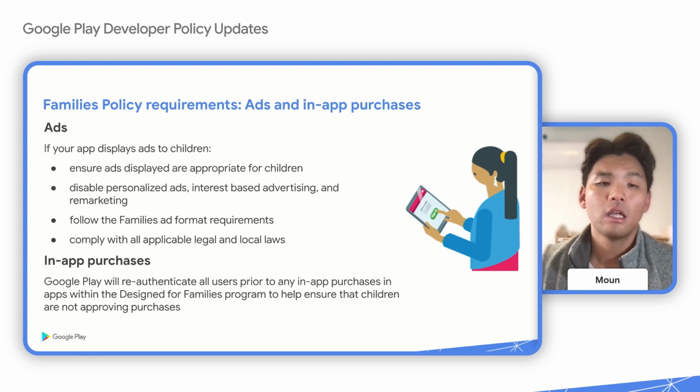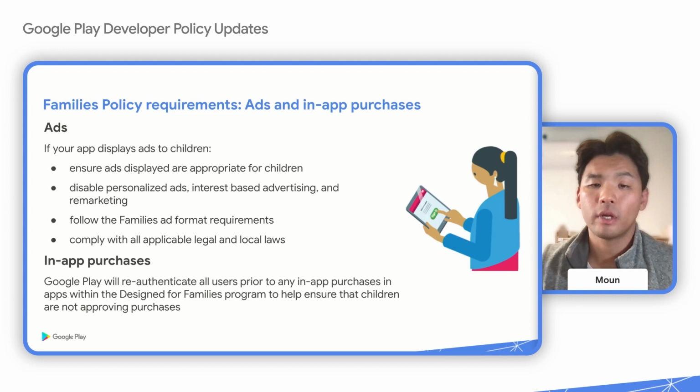And lastly, comply with all applicable legal regulations and industry standards relating to advertising to children. Also, Google Play will re-authenticate all users prior to any in-app purchases in apps within the Design for Families program to help ensure that children are not approving purchases.